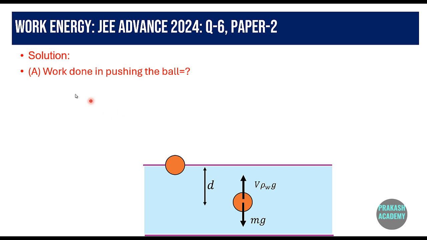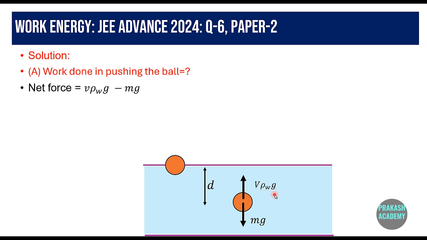So let us take the first option, that is work done in pushing the ball. What is the net force on this ball when this is inside the water? The one force that is acting, that is mg. And another force, that is buoyancy force, that is v rho w times z.